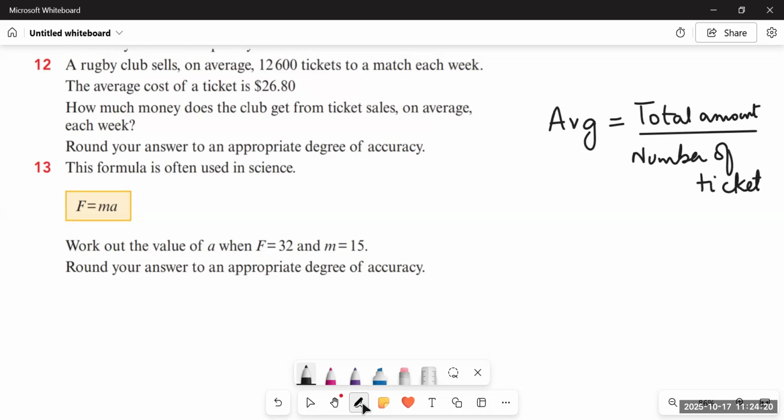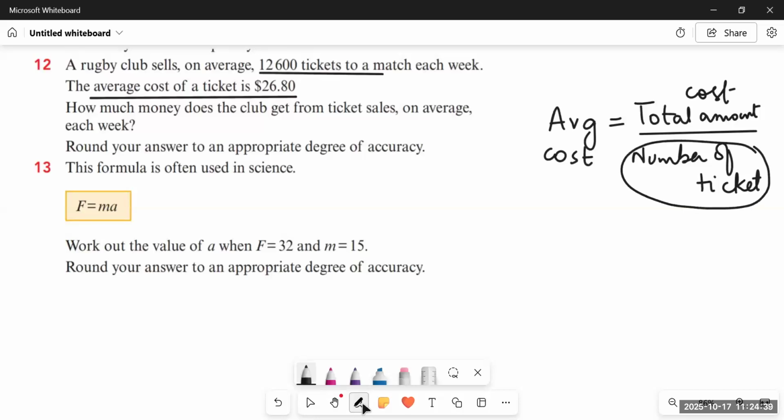This is how we calculate the average. So always remember, whenever the average cost is given, and the number of tickets is given, we are provided with the number of tickets and the average cost. And what do we have to calculate?